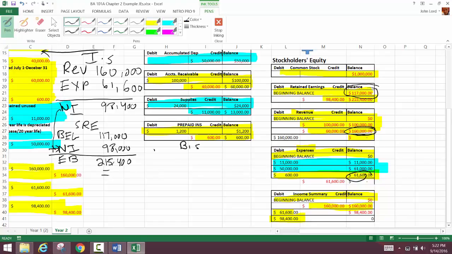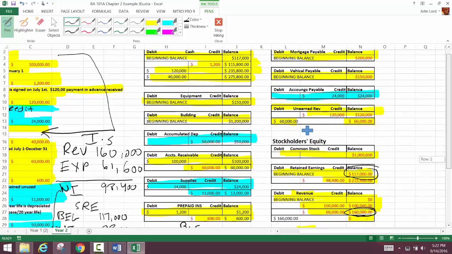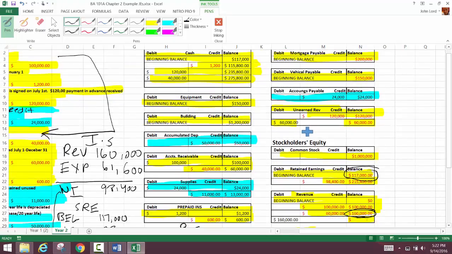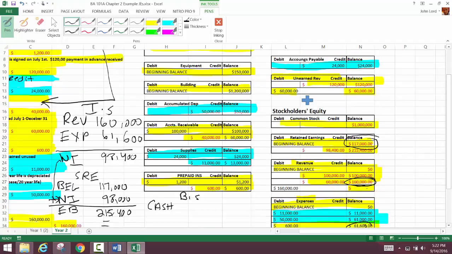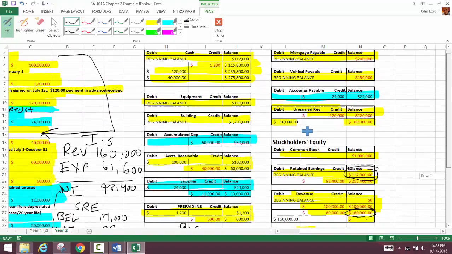We have cash. How much is the cash? It's looking up. It's 275,800? That number right there. Okay, so I'm just going to go back down. I probably should have put it over on the other side, but that's right. 275,800. Okay, good. Any more assets?